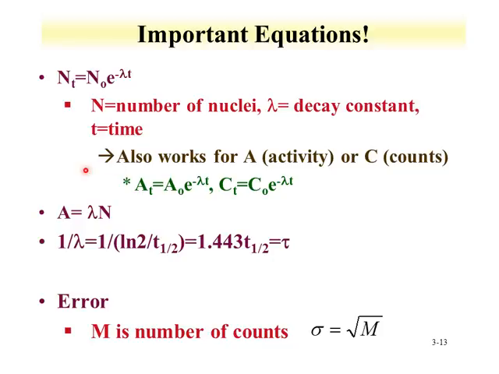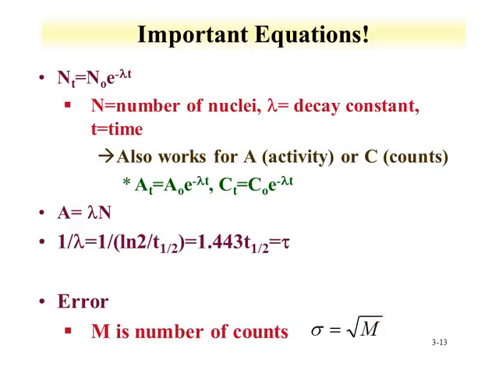Another important equation is activity equals the decay constant times the number of atoms. My activity is a count rate, so counts per second is equal to the decay constant, which should be in inverse seconds, times the number of atoms. Then there's the lifetime equation that we just went over. And a very important equation is the one that describes error, where for N number of counts, the error is just equal to the square root of the number of counts.